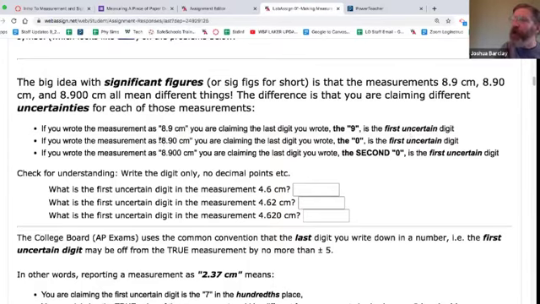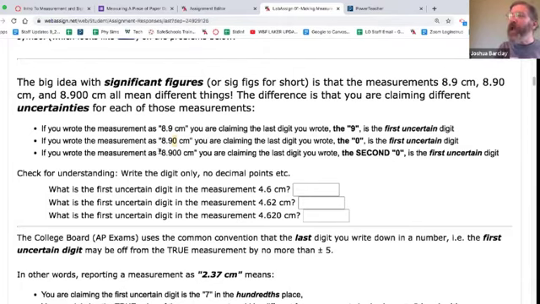That means that it might go up to 8.94 or 8.95. It might be as low as 8.85, but this is the one that can go up or down only a few hundredths. You're saying you know it pretty well. You know the ones place. You know the tenths place. You're only uncertain about the hundredths place. The first uncertain digit is in the hundredths, so that's the only one you're not sure of.